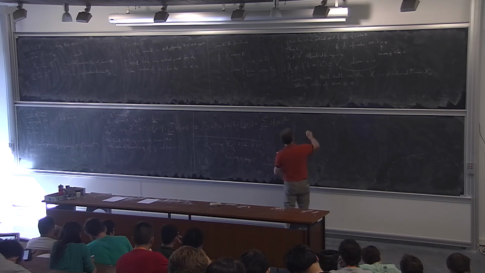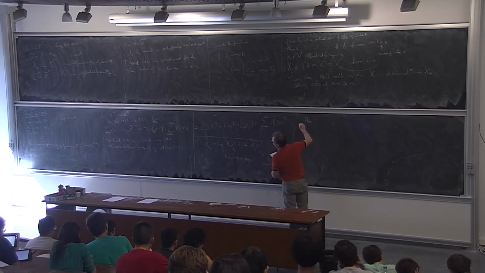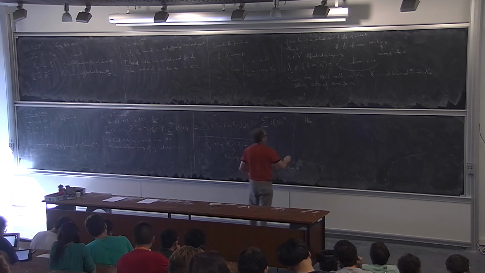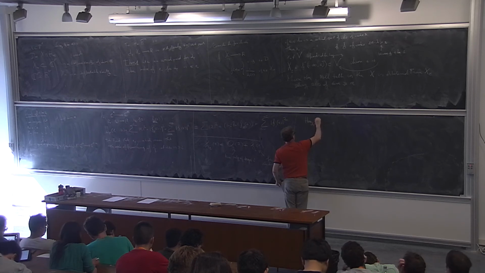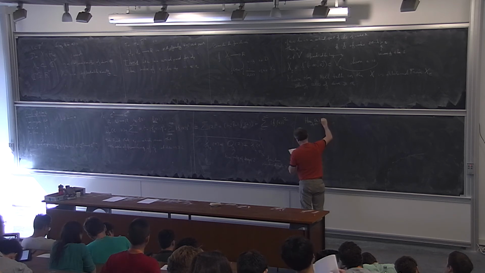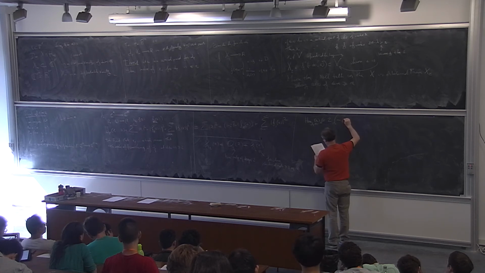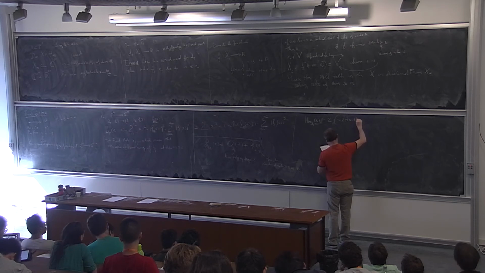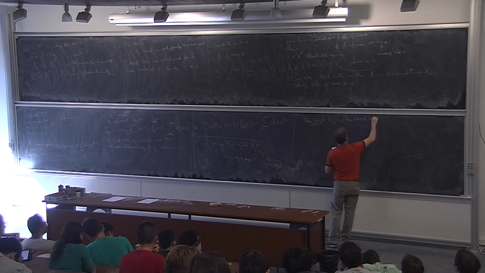And so you obtain that the Hessian of dp at x0 will be minus 2 times the Hessian of the real part of Q2 at x0.